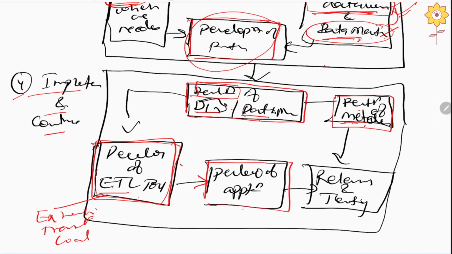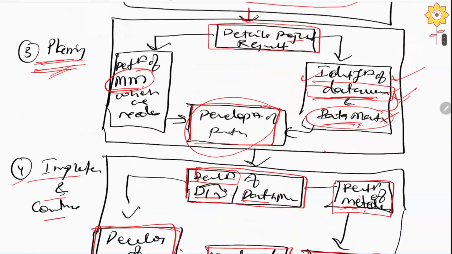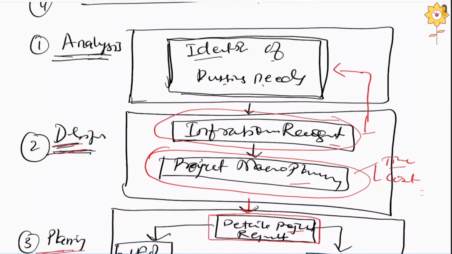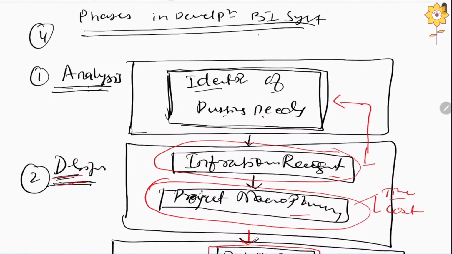And once the application has been developed, then we release that application or the software, and finally we do the testing of that application. If any problem is faced while testing the application, then we may go back to the different phases and rectify it.